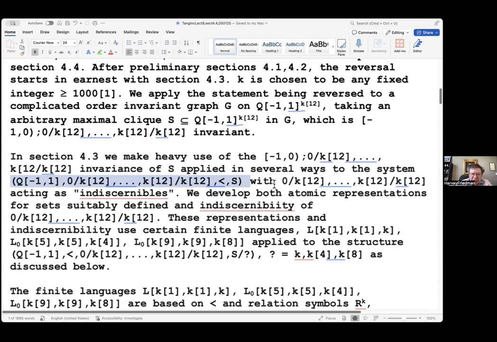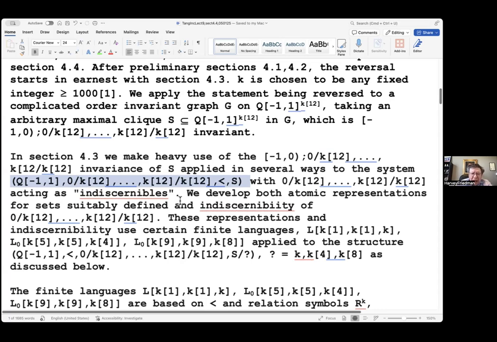So these numbers act as indiscernibles, and S is a K12 Airy relation, of course, because it's a subset of the vertex set. And the vertex set is Q minus 1, 1 to the K12. K12 being 12 exponential twos with a K on top.